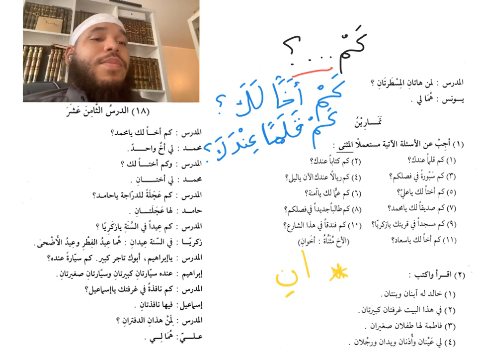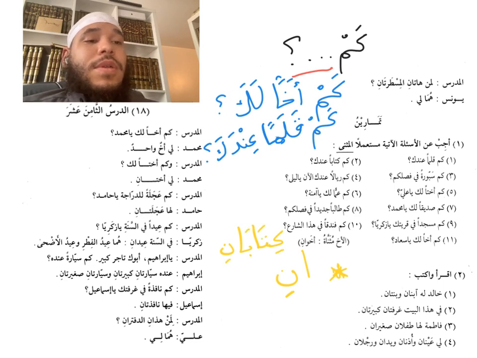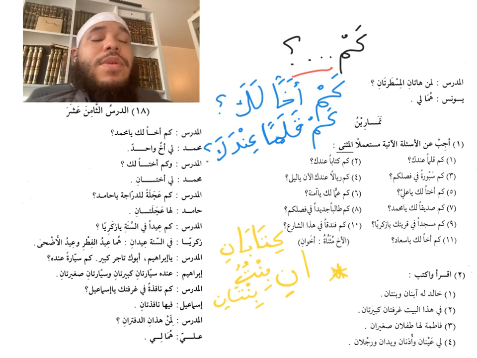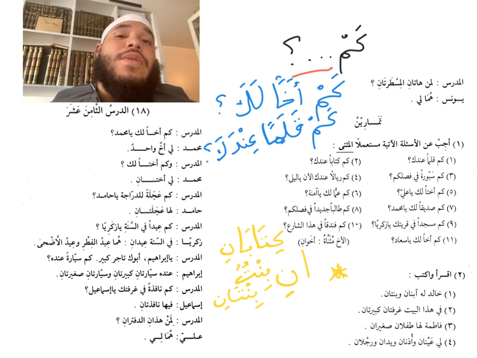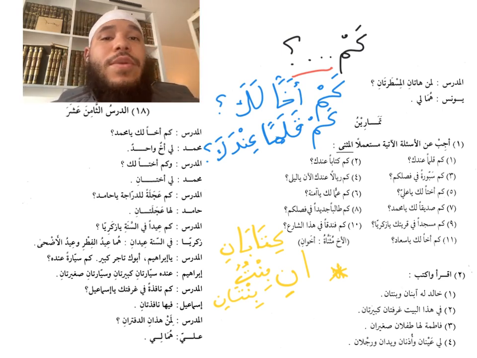So if you have, for example, kitabun, it becomes kitabani. Kitabani. Okay. Bintun becomes bintani. That's all we do to get the dual noun within the Arabic language.